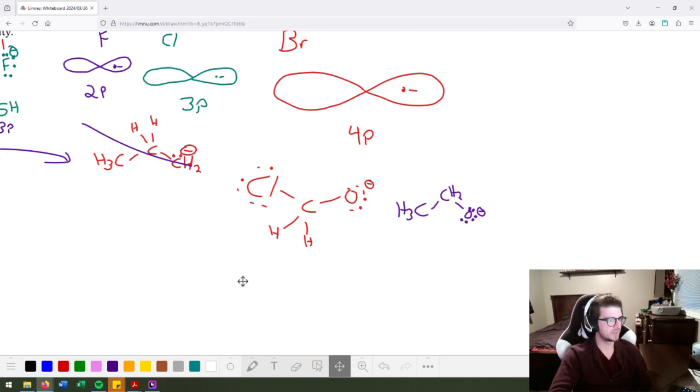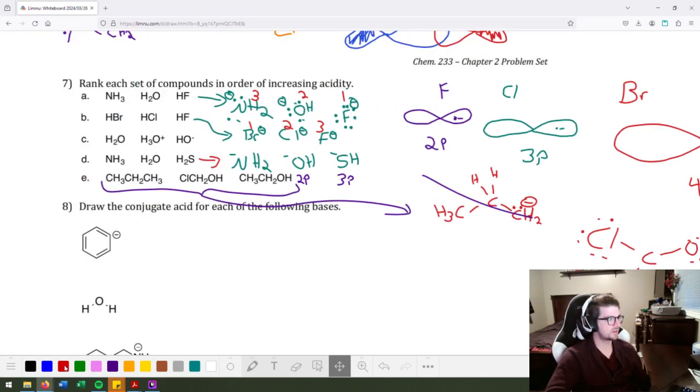So the strongest acid is going to be that one with the chlorine, followed by the ethoxide, followed in a very distant third by the alkane.